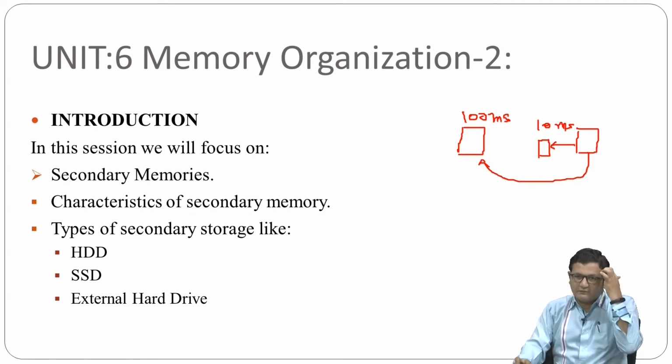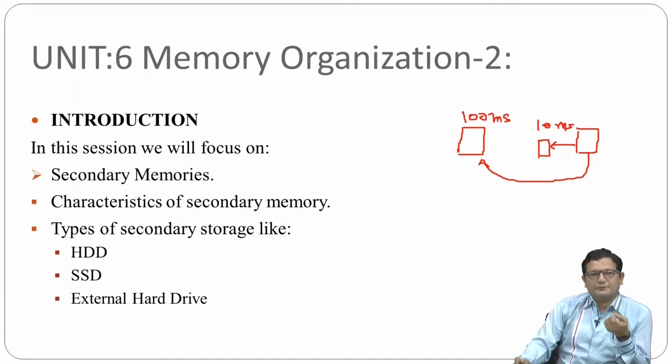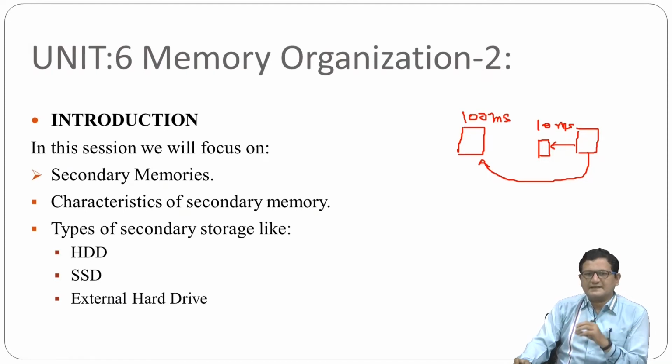Now see what happens. Let's suppose you are starting a program, and we are not using a cache memory, so we are directly accessing the programs and data available in the random access memory to the CPU. If you are opening a program directly from the random access memory, obviously it needs 100 milliseconds.